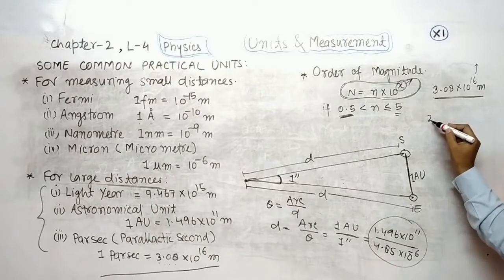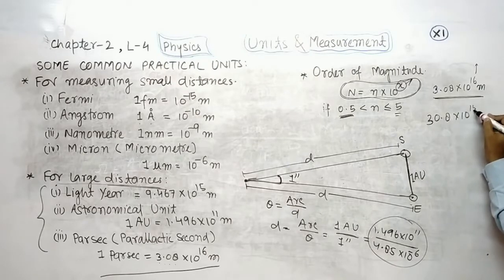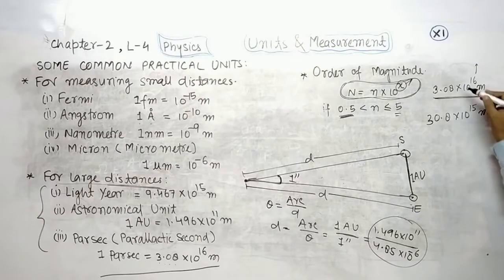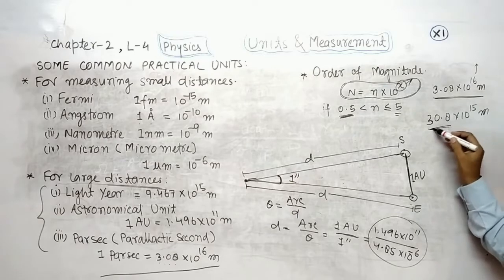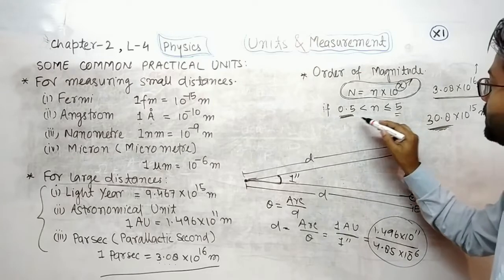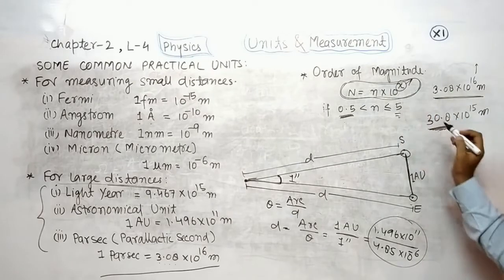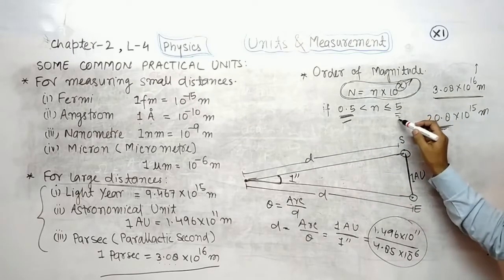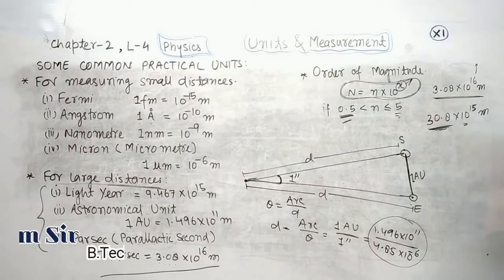If you write 3.08 into 10 to the power 15 meter, then this number does not lie between 0.5 and 5, so that is not the order of magnitude. If n lies between 0.5 and 5, then the power of 10 is equal to the order of magnitude.